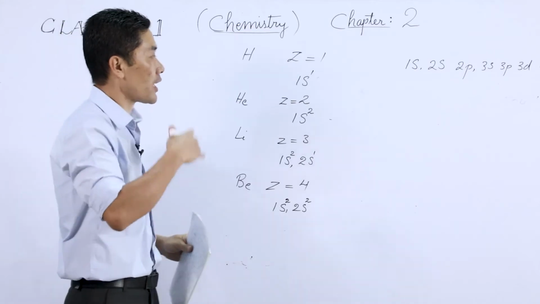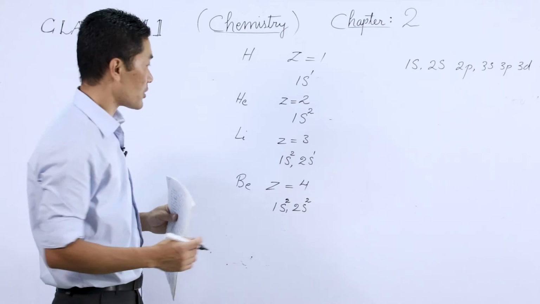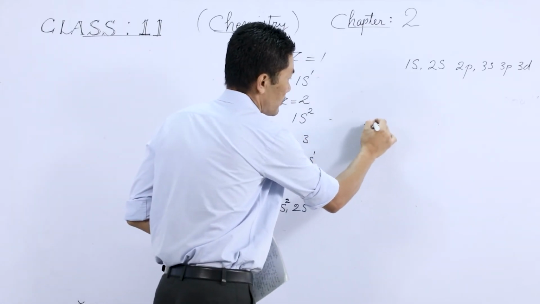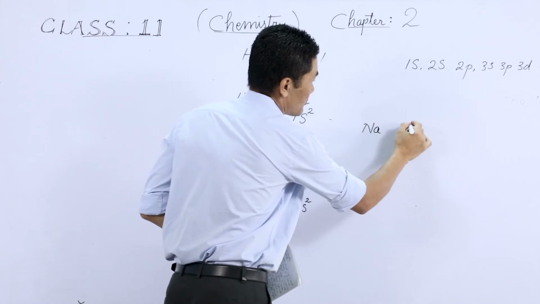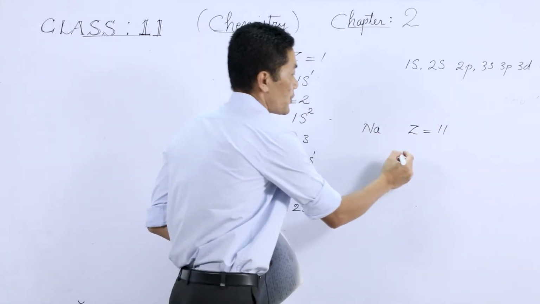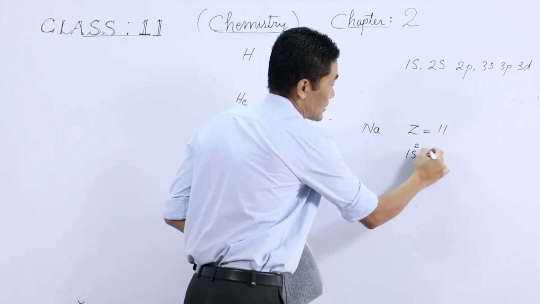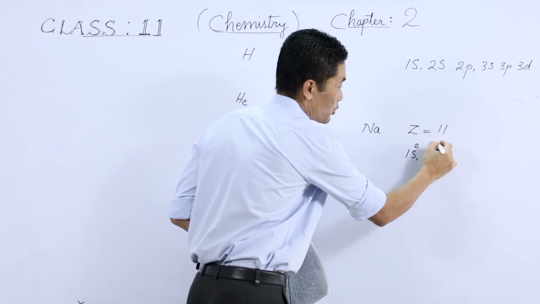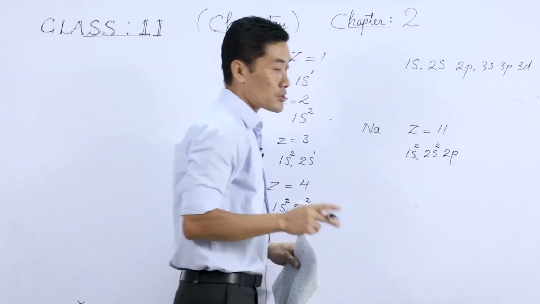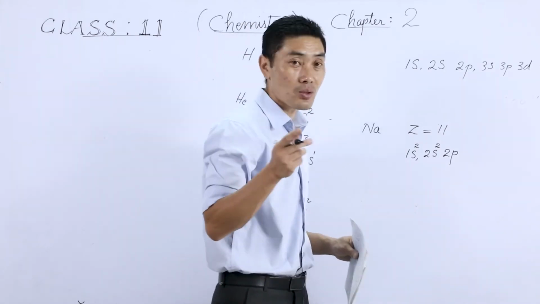Now let us take an atom with higher atomic number. Let us say sodium. Sodium, its atomic number is 11. So in the first shell we put 2 electrons, in the second shell s orbital we put 2 electrons, then in the p orbitals, because there are 3 p orbitals, we can put a total of 6 electrons.